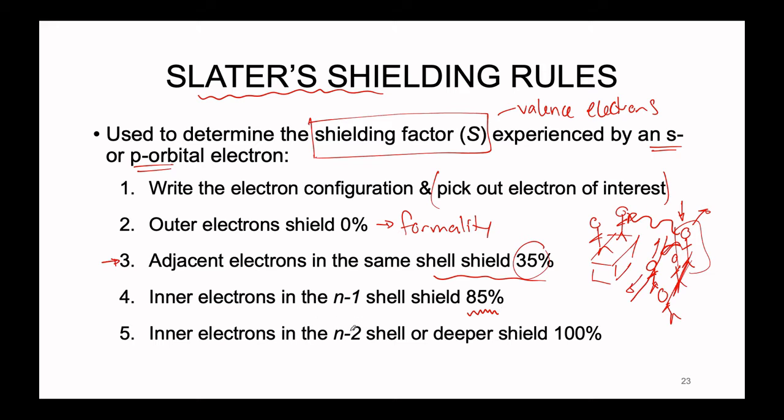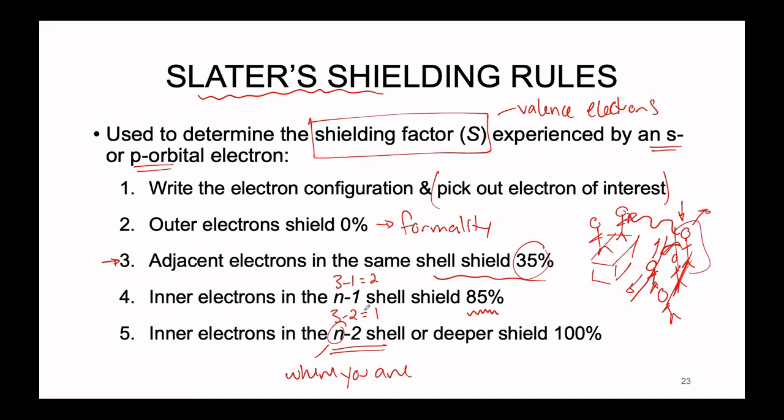Now, the electrons that are in the innermost shells, the shells that are equal to the n-2 or deeper, and we are assuming here that n represents where you are. So let's say hypothetically if we are that 3s electron, our n is going to equal 3, and so n-1 would be 3 minus 1 equals 2, and n-2 would be 3 minus 2 is equal to 1.